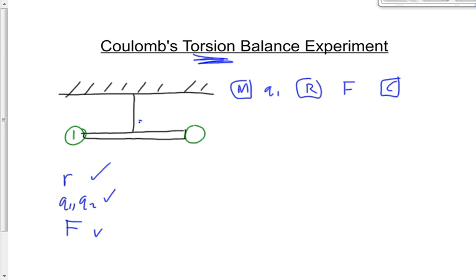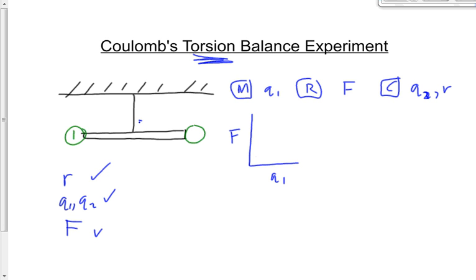Well, we better keep Q2 the same, because we can only change one thing, right? Let's keep Q2 the same, and let's keep R the same. So he does this experiment where he manipulates Q1, sees how F responds to it, keeps Q2 and R the same, plots a graph. The graph would be F versus Q1, because it's always responding versus manipulated variable.